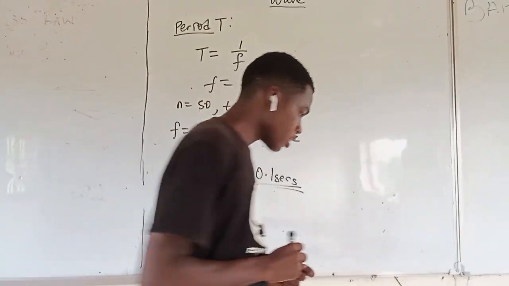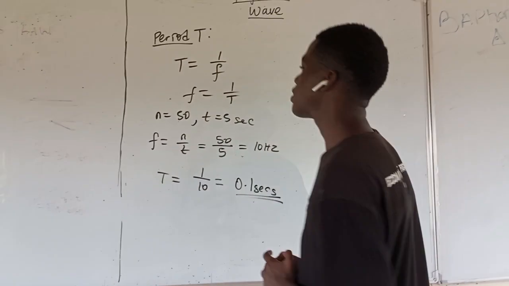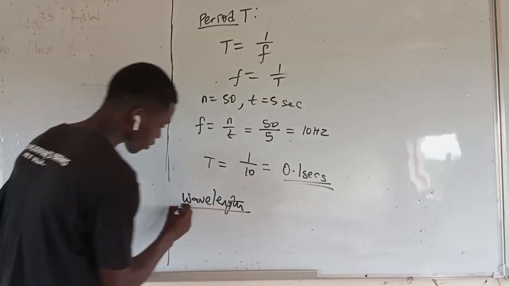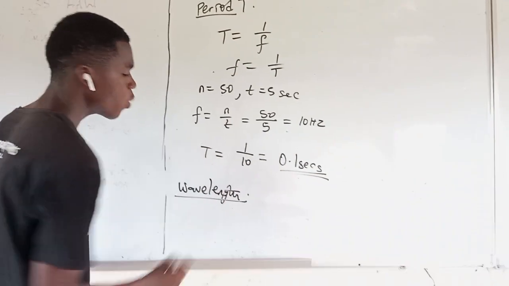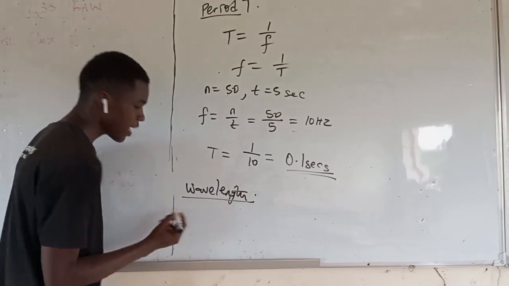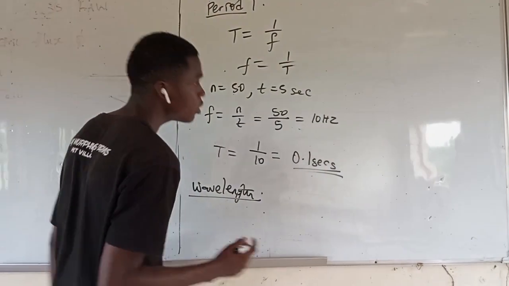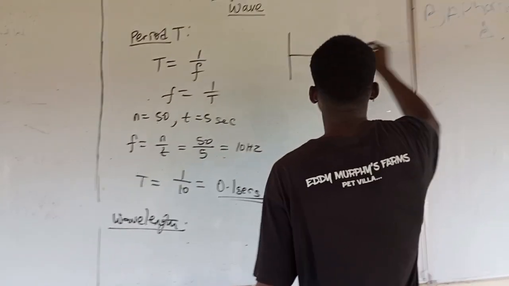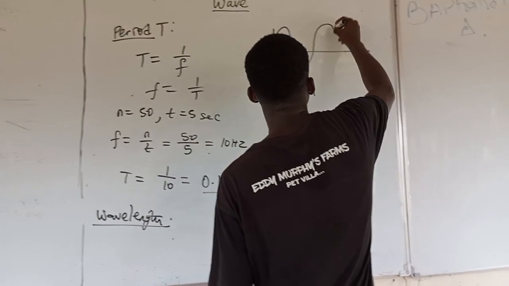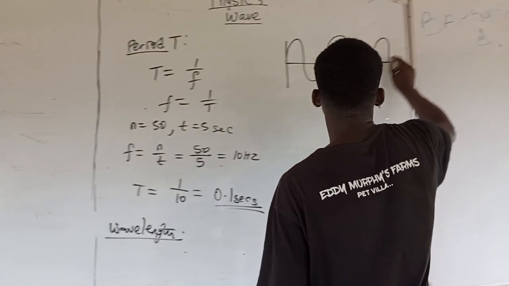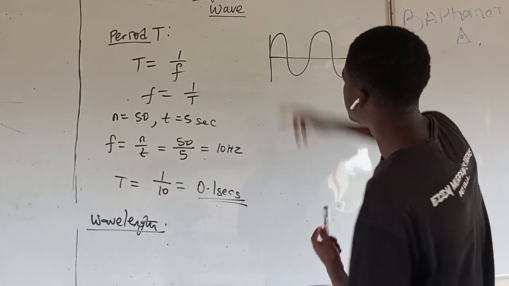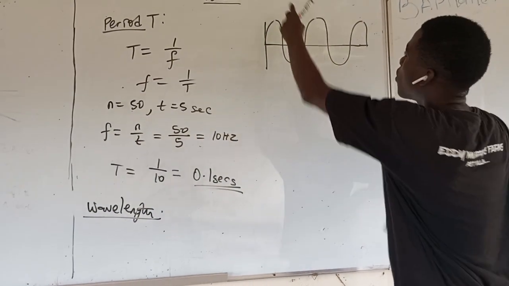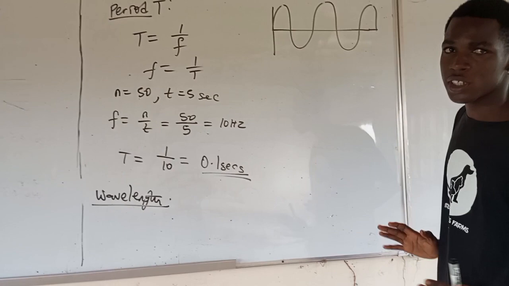Now let's continue. The next one we talk about is called wavelength. What is wavelength? Wavelength can be defined as the distance, make sure you write it down, between two successive crests or troughs. What is a successive crest? This and this are successive, but this and this are not successive.